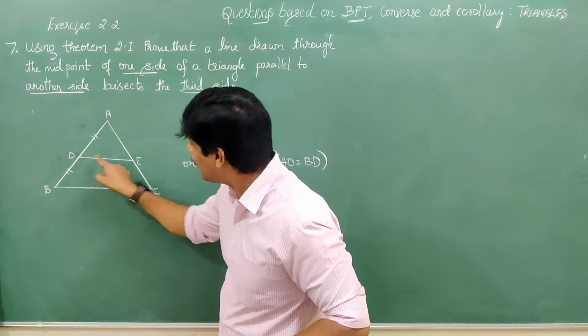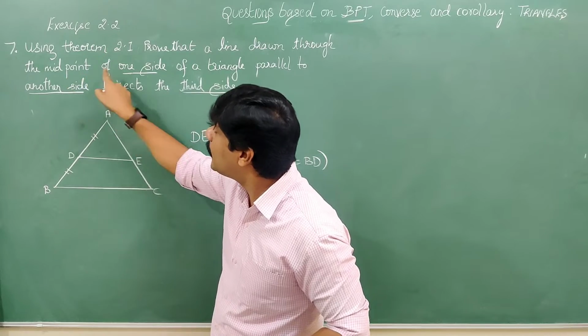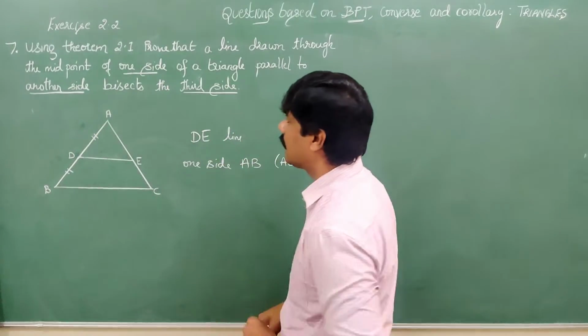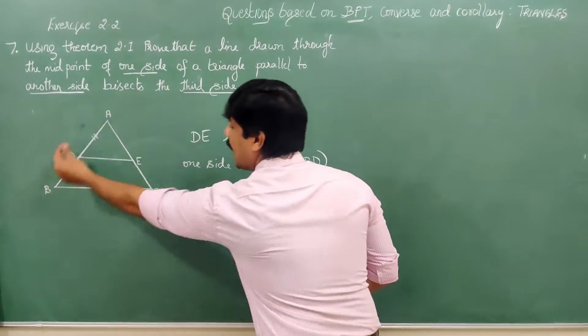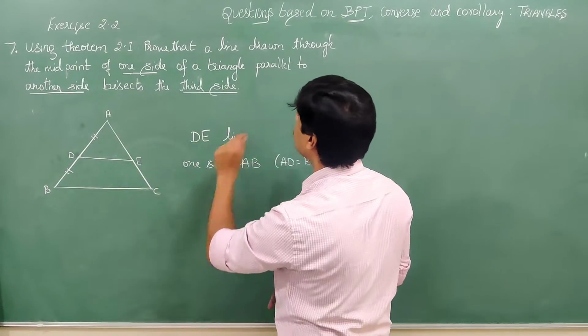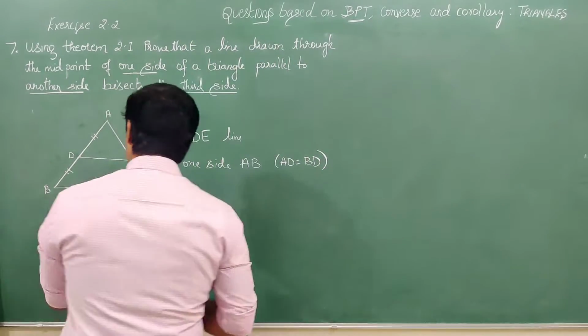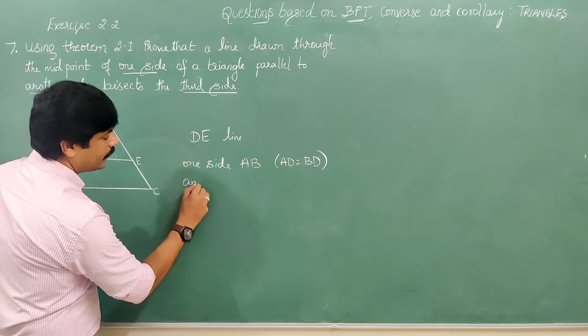Because this line is drawn through the midpoint of one side of triangle ABC, parallel to another side. Which is another side? BC is another side.